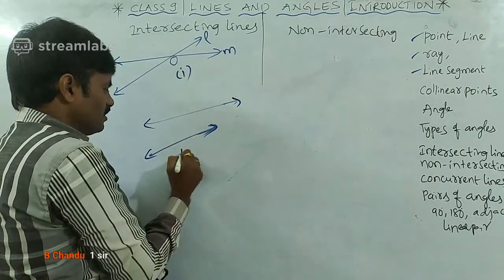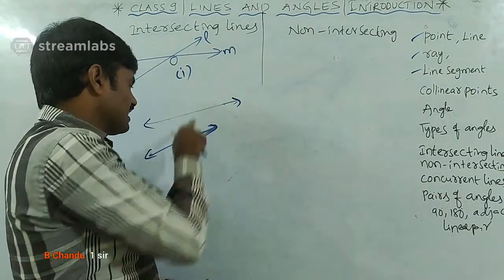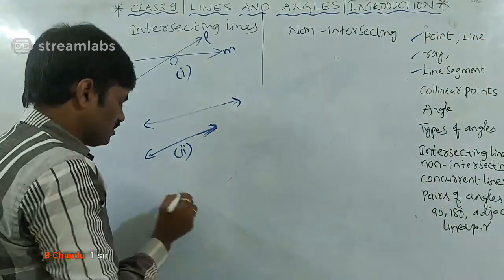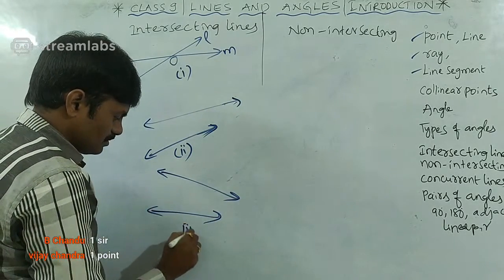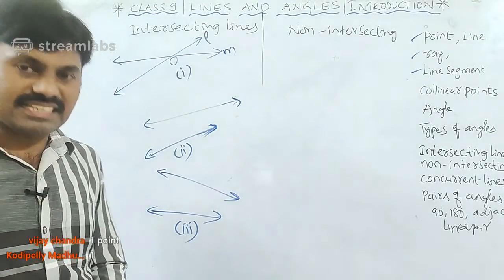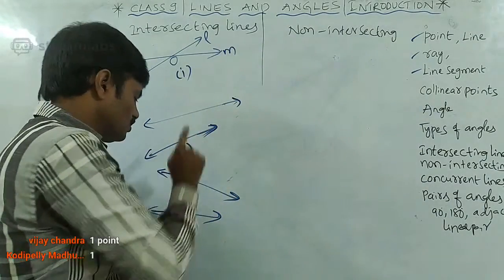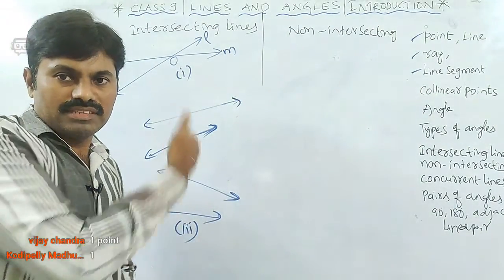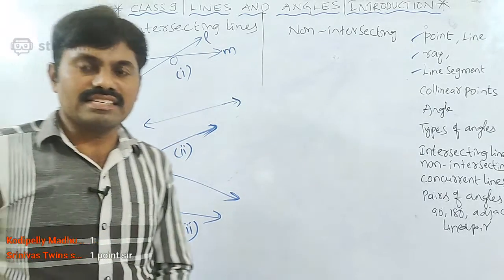This is figure 1, figure 2. Are these intersecting lines? In these three figures, which are non-intersecting lines? Just give me the number. 1, 2, 3 are my three examples.